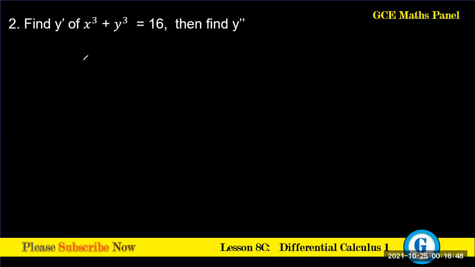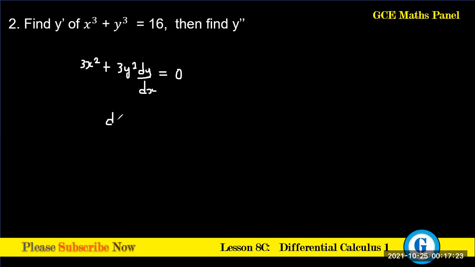Differentiating this implicitly, we will have 3x squared plus 3y squared dy dx to be equal to, when you differentiate the right-hand side, which is a constant, you are going to have 0.